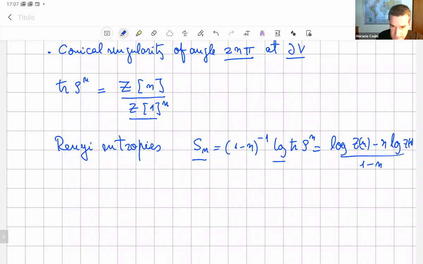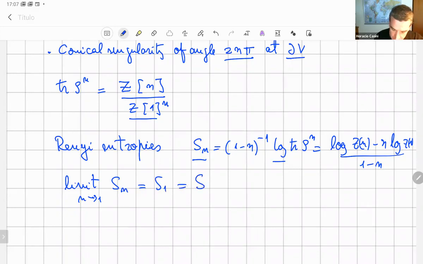For example, they have the same type of structure of singularities, etc. And in particular, they are useful because the limit when n goes to 1 is just the von Neumann entropy.